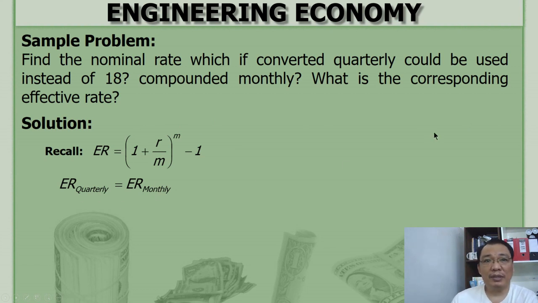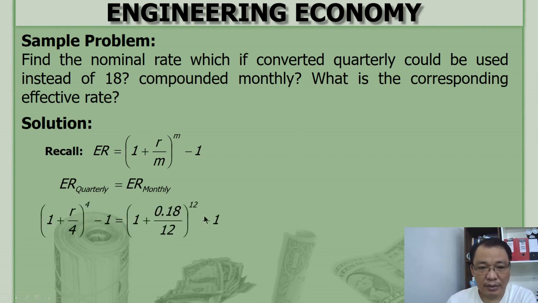Nominal rate compounded quarterly, the mode of payment is monthly. So in that case, you convert the nominal rate from quarterly to monthly. Same as this, so you equate their effective rates.